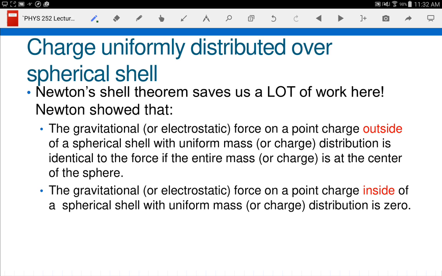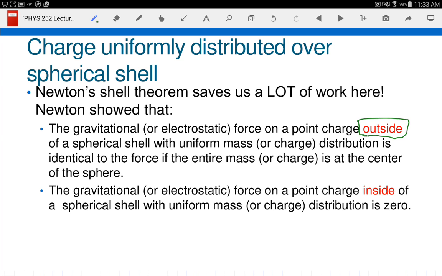So Newton showed using calculus, and he did it for the gravitational force, but because the equation is exactly the same for the electric force as it is for gravitational force, his synthesis works for electric as well: if you have a point charge or a point mass that is outside of a spherical uniform shell, then you can treat it as if all of the mass for gravity or all of the charge for electric is at the center of that sphere. Now, of course, that was the spherical shell of negligible thickness.